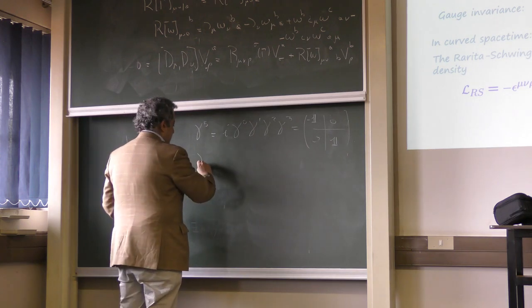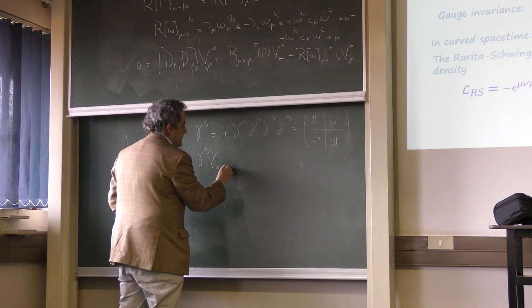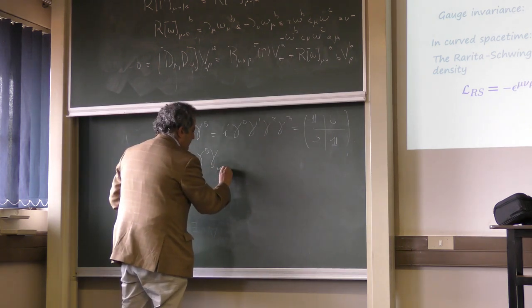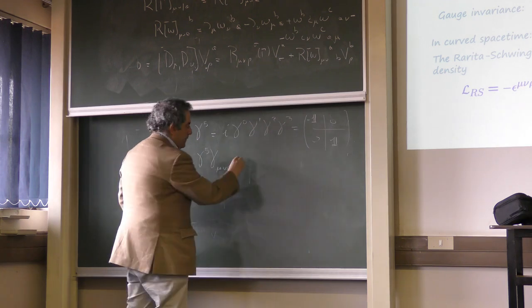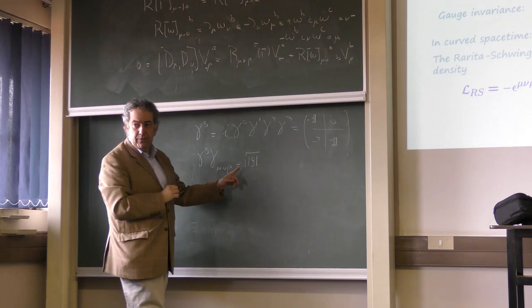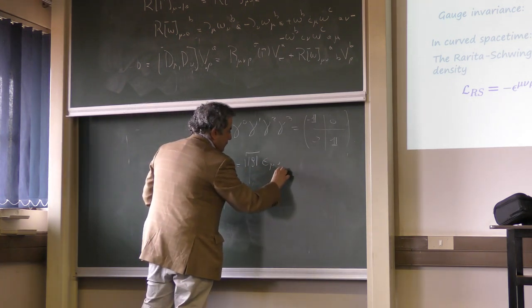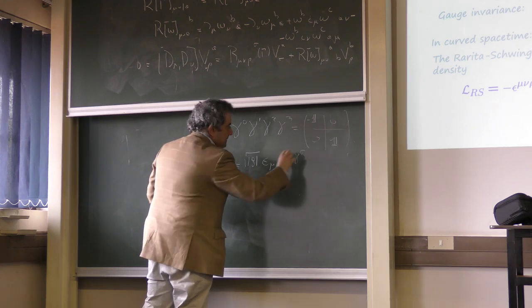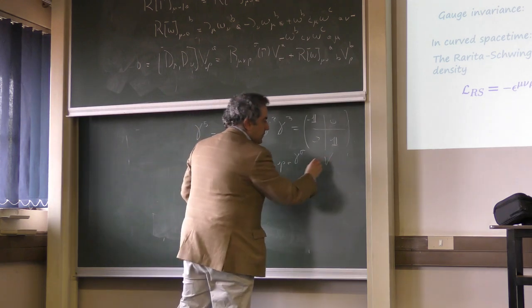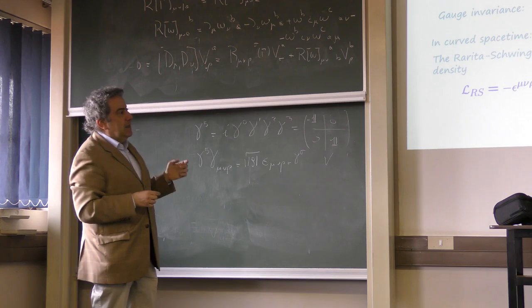So you can easily deduce from this that gamma mu times gamma nu rho sigma is equal to square root of g, the square root of the determinant of the metric, times epsilon mu nu rho sigma gamma sigma. Check this. Now if you use this property, you have to use it here.